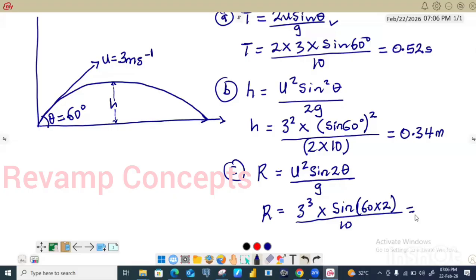Sorry for that. This will be 3 squared. So this will be 0.78 meter.